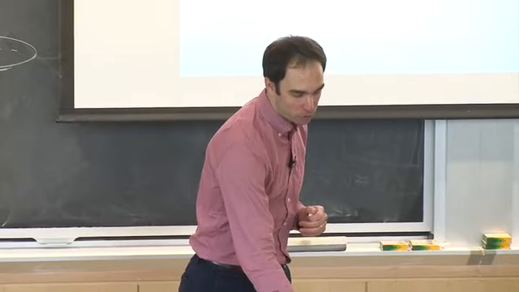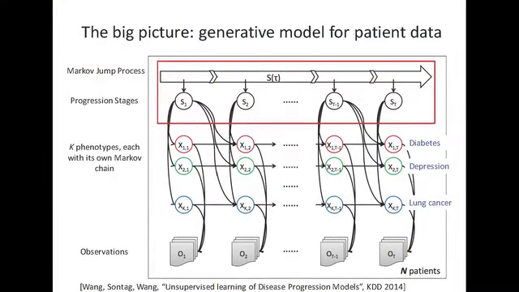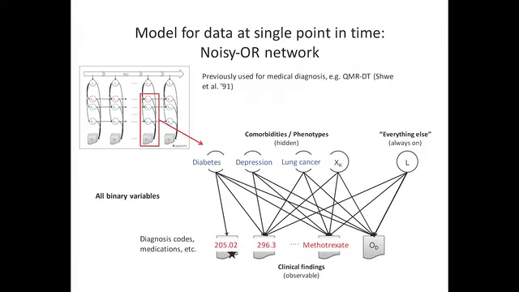All right, so what I've just shown you is the topmost part of the model. Now I'm going to talk about a horizontal slice. So I'm going to talk about one of these time points. If you were to look at one of those time points, what you would get out is this model.